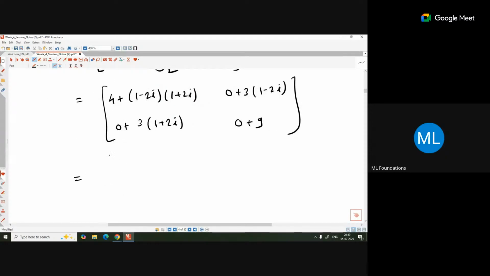So it will be 4 plus a square minus b square, so 1 plus 4i square minus b square. Here it is 3 minus 6i, here it is 3 plus 6i, and here it is 9.